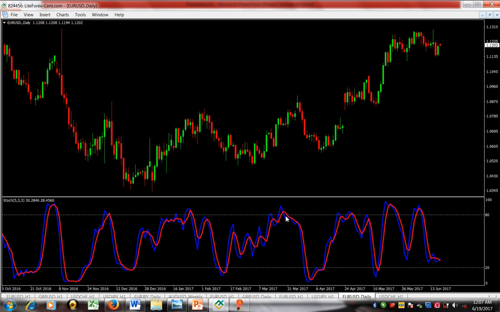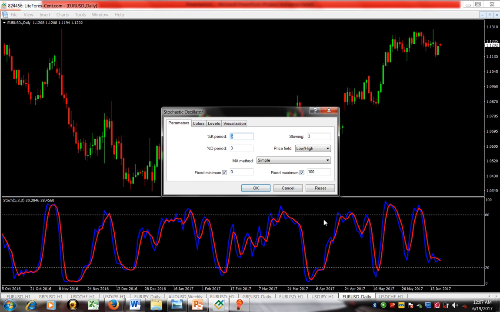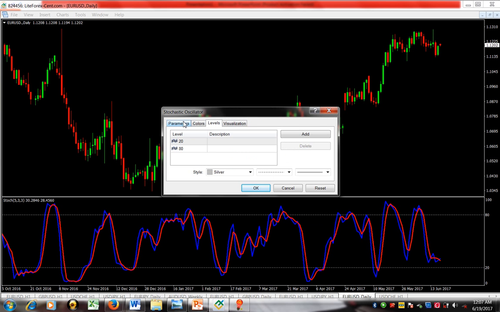A very good indicator that indicates the overbought zone as well as the oversold zone in the market.